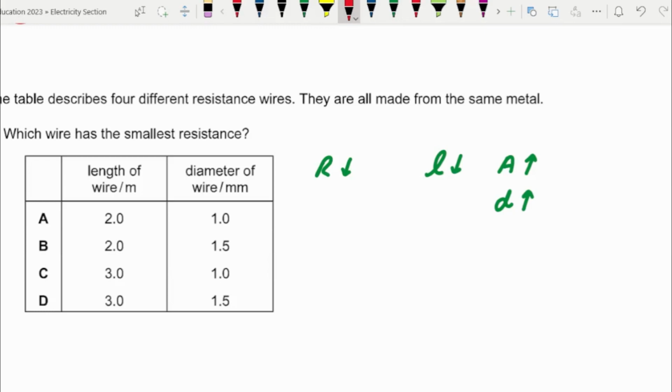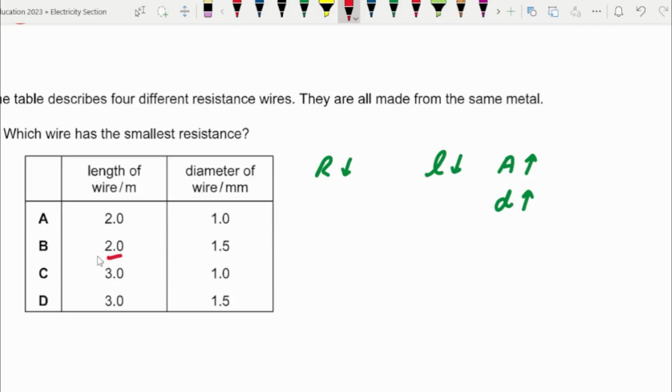So for this one, what if we choose, let's say, okay, we can use the ratios, because if I choose this one, first one, the length is small compared to 3 meters, but then the diameter has to be greatest, so length has to be smallest.